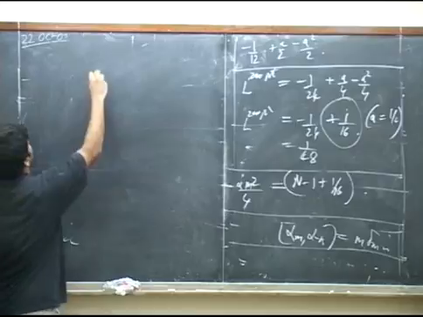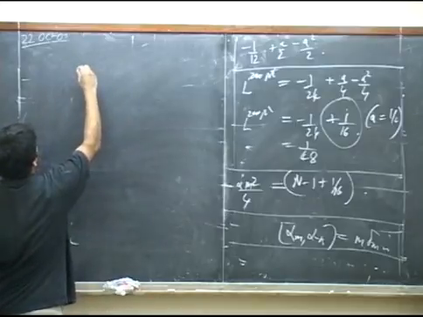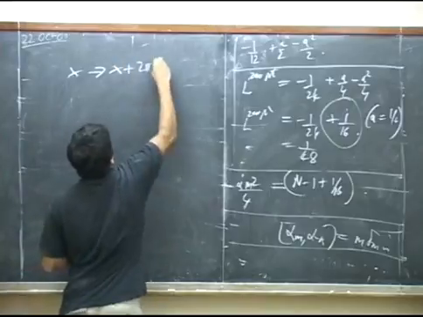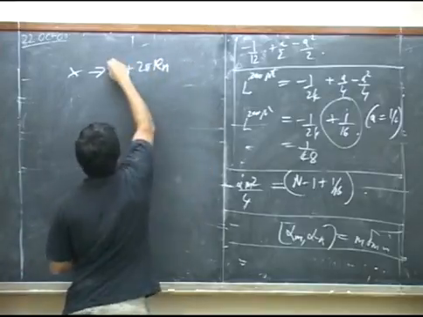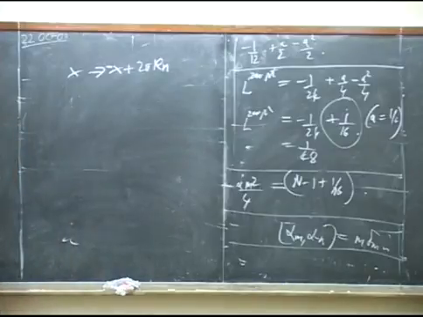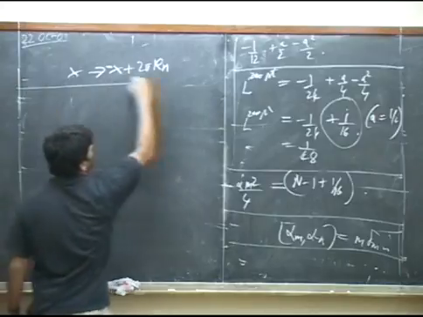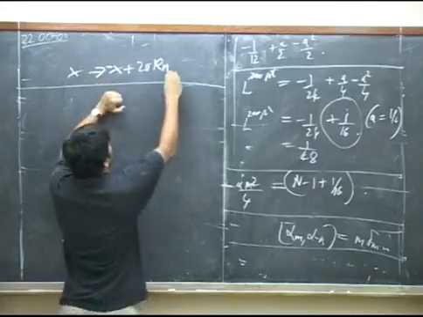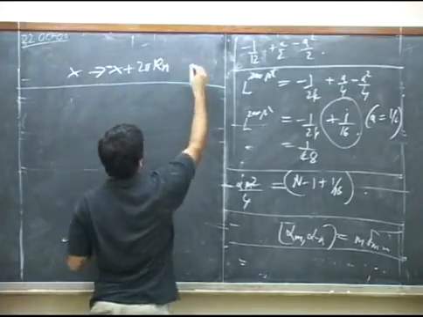Let's look at x goes to minus x plus 2 pi r n. This is the kind of thing we were thinking about. So let's draw that geometry. There are two cases that we need to consider, n odd and n even.